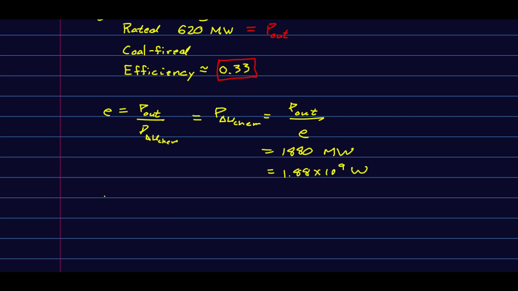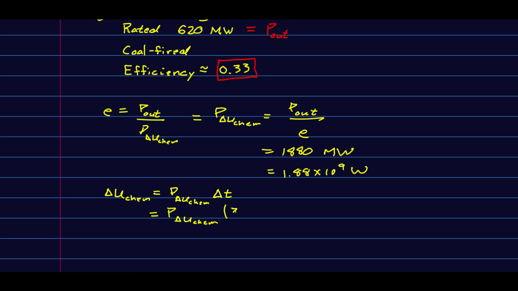And so you could now figure out the amount of chemical energy consumed in a day. That's just going to be that power. The power is the change in energy over delta T, so multiply both sides by delta T and you get this. And so that is our power times delta T, delta U chem of a day, right?